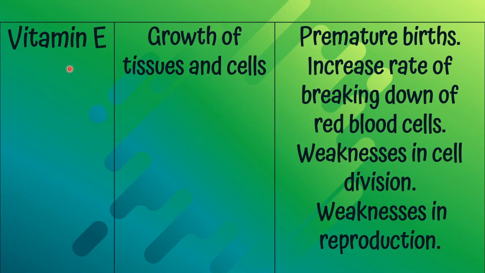Okay, then let's talk about vitamin E. Growth of tissues and cells is the function of vitamin E, and the deficiency symptoms are premature births, increased rate of breaking down of red blood cells, weakness in cell division, weakness in reproduction.